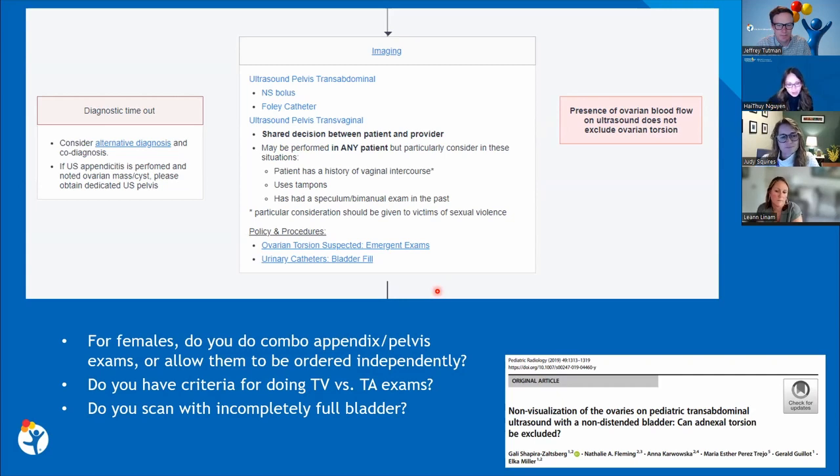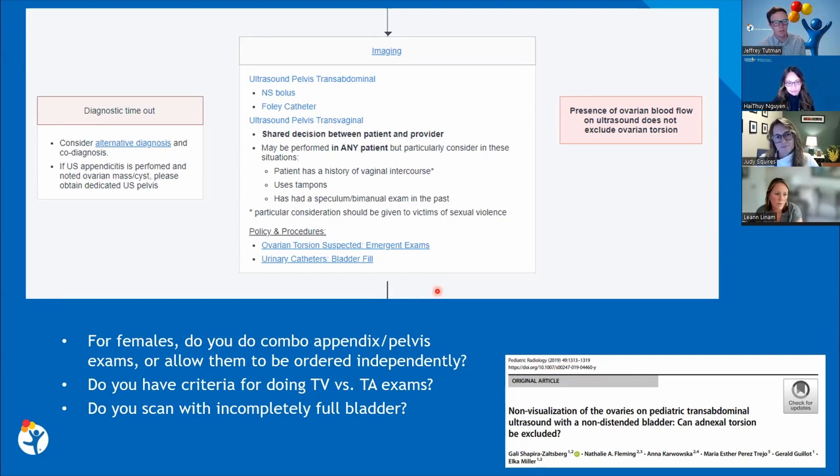I guess we have a combo here at CHLA, but we had it separated, at least at Texas Children's before I left. So I guess it can go both ways. For us, the appendix and pelvis combo is driven more by the ER and our clinicians than by us implementing it, as in radiology saying you need to order both.